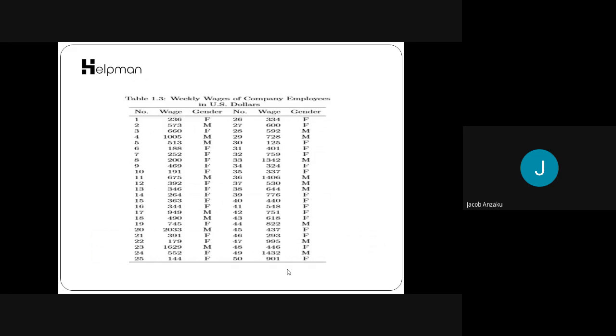If we look at it from 1 to 25, we will see all the information. For instance, number 10, we see the wage is 191 and the gender is female. Number 35 in the rank has a wage of 337, and the gender is male.